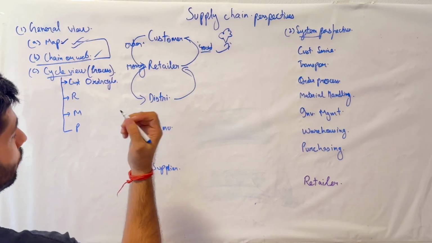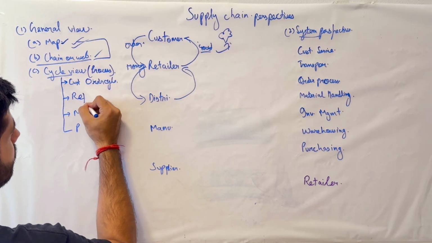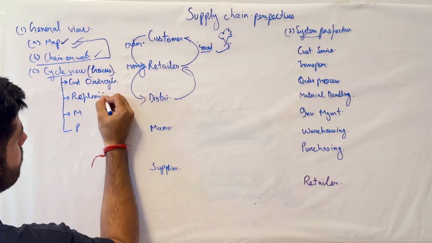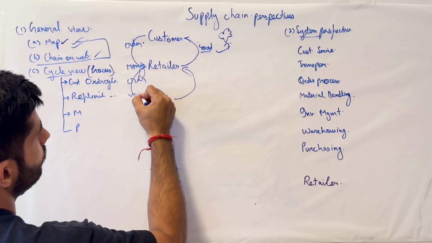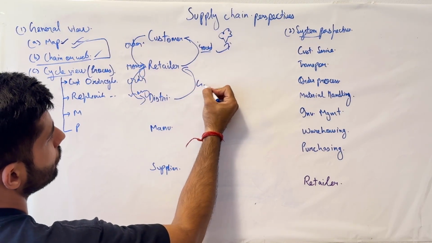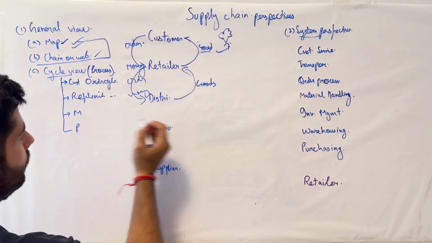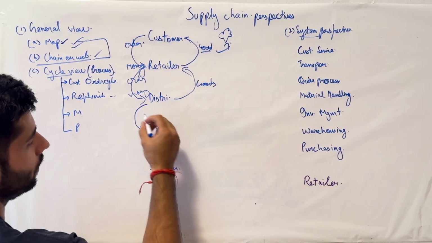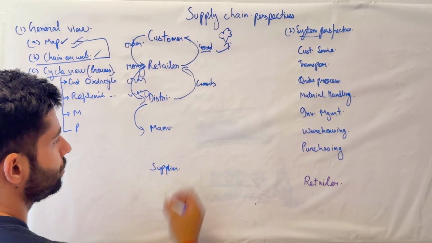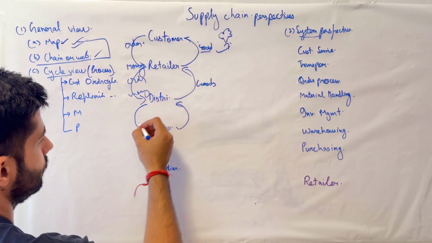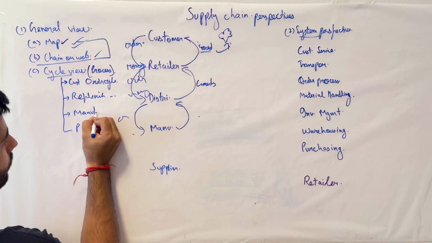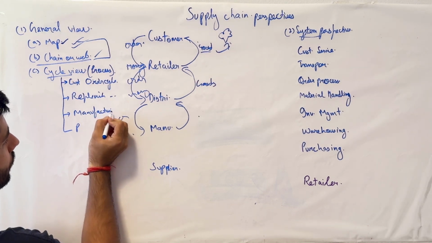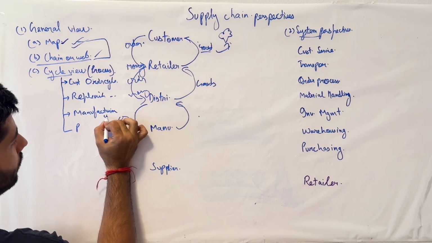Otherwise, it's called a replenishment cycle, which means, again, order, money, goods. Similarly, between distributor and manufacturer, it's distributor, order, money, goods. It's called, you're right, the manufacturer cycle.